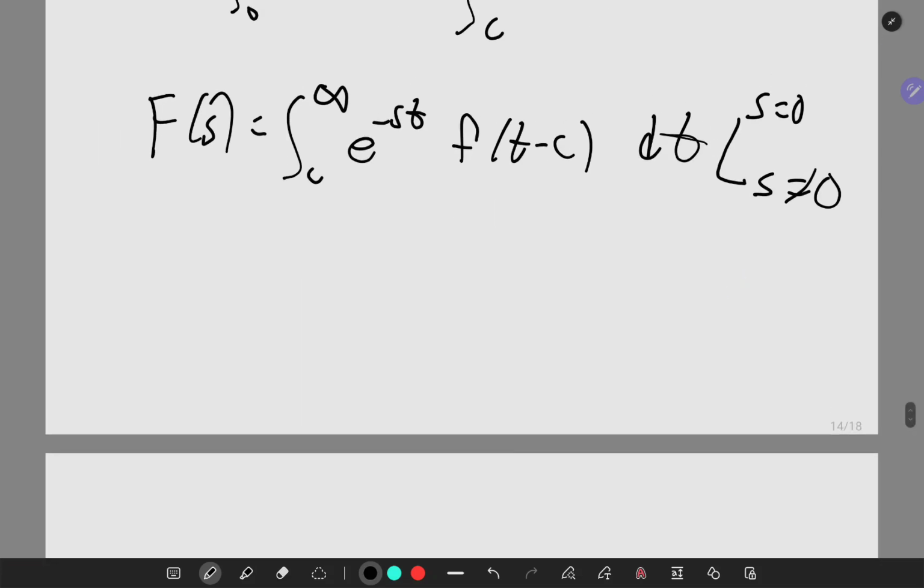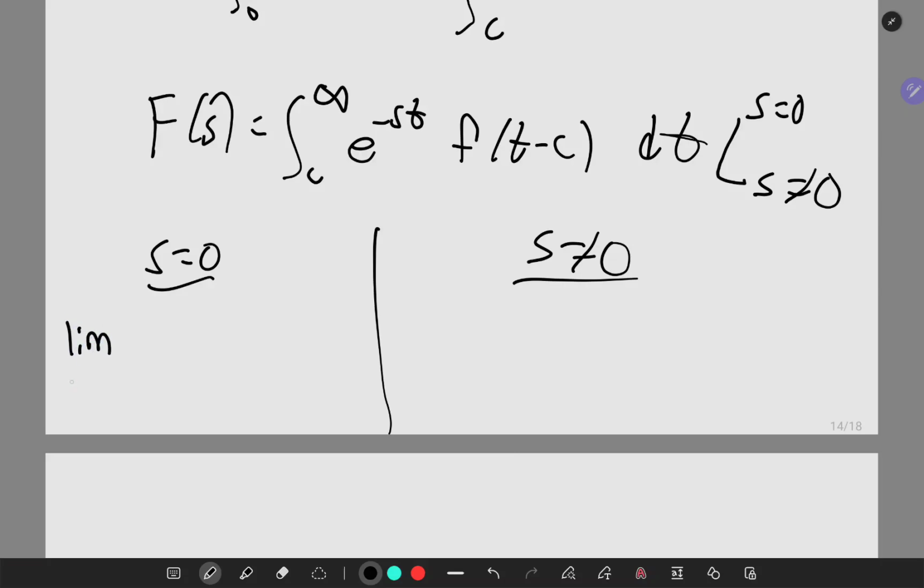So if we look at our two cases, for s equals 0, we'll have the limit to be from c to a of e^0, which is 1, so f(t − c) dt.